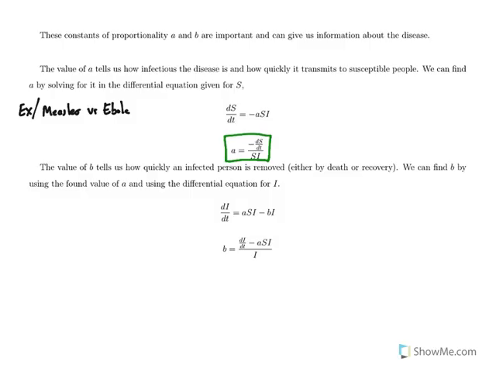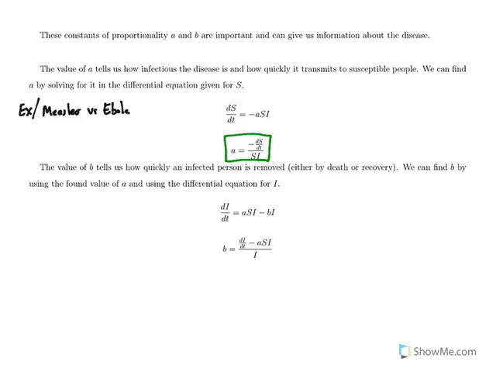In that same vein, the value of B tells us how quickly an infected person is going to be removed, either by death or recovery. Are you sick for a long period of time, or is it a very quick thing and then you're removed? That time is important when we're talking about this change. How long are you infected?